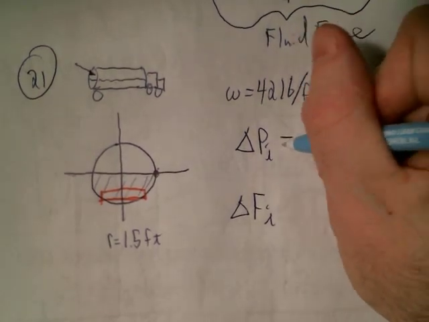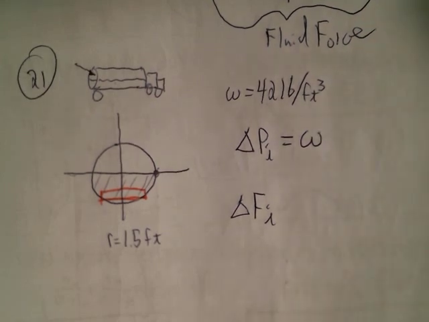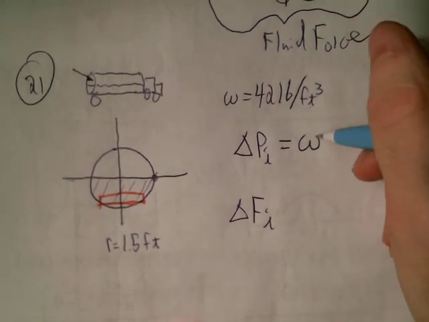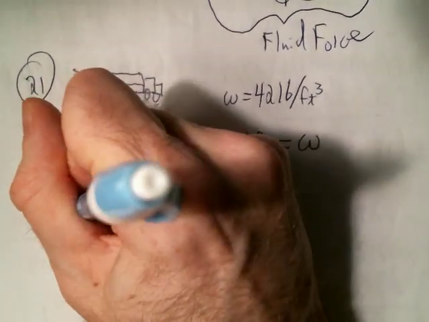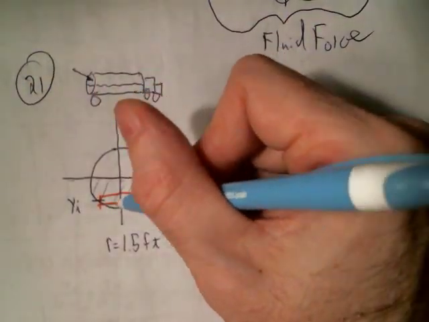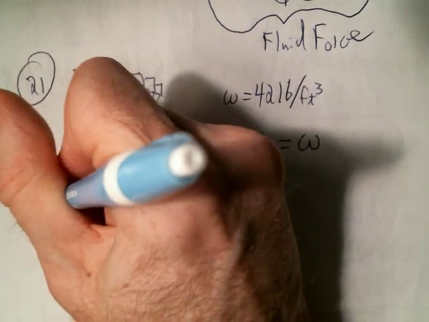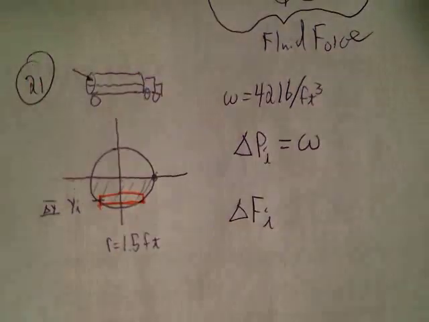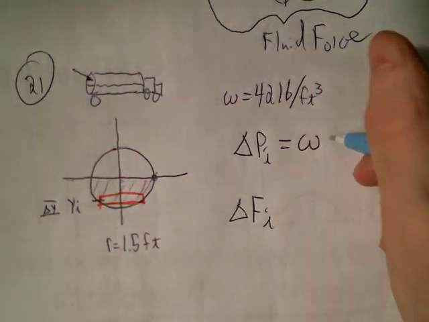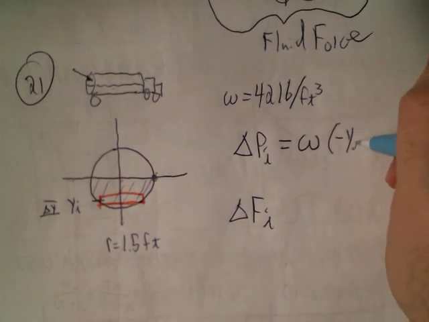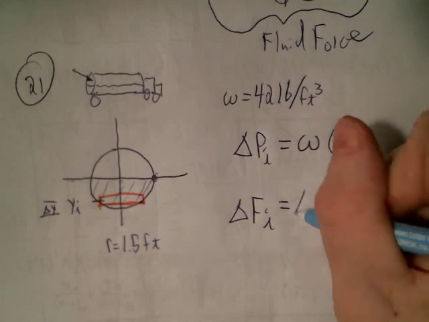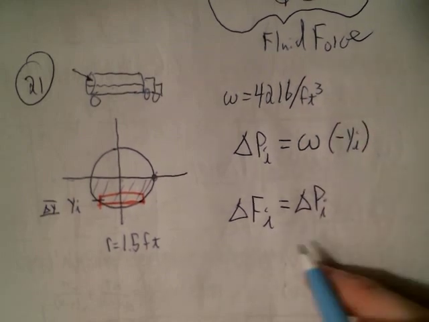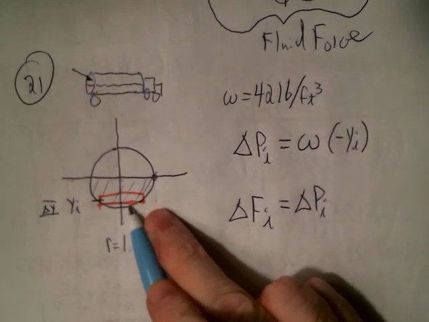Okay, so for the pressure increment, I need the density times the depth. So the depth, if I'm worried about this particular rectangle located at position y sub i, the depth is going to be negative y sub i. Okay? So that's easy enough. For the fluid force, I take the pressure increment and multiply it by the area of this rectangle.